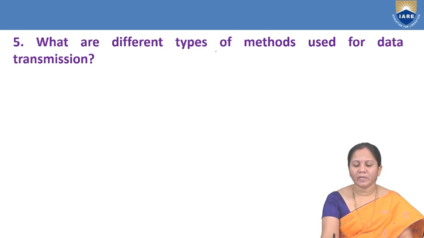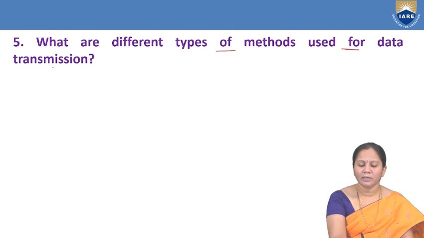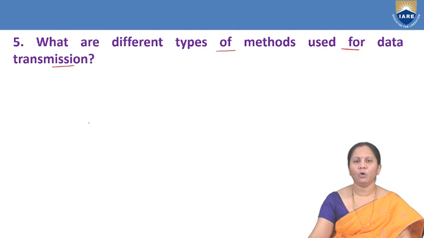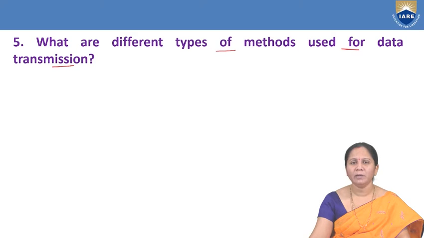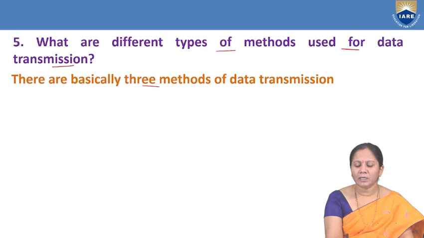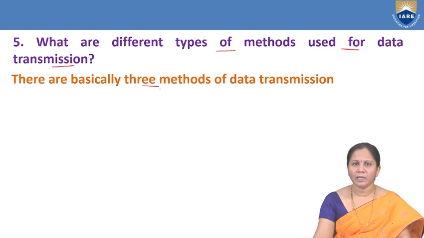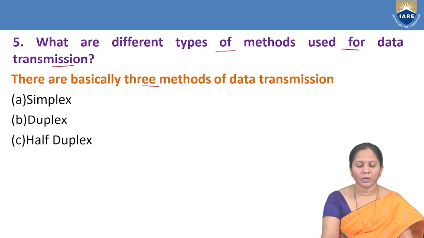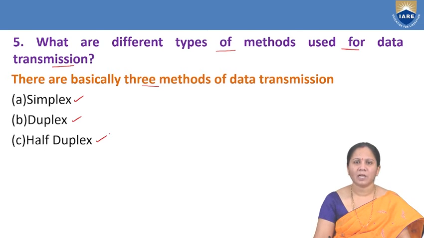Next, what are the different types of methods used for data transmission? In how many ways can data transmission be done? There are basically three methods for data transmission: simplex transmission, duplex transmission, and half duplex transmission.